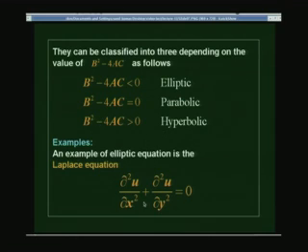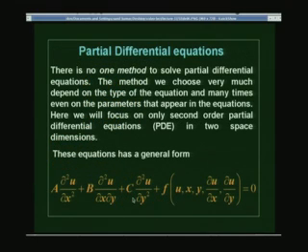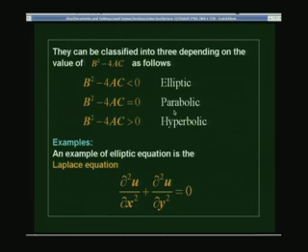Now if one of them were 0, that is, we had only one second derivative, and we didn't have the second derivative with respect to y, but we had some first derivative with respect to y. That is, in this equation, if only one of a or c is non-zero, and b is also 0, and then with some non-zero function here, those kinds of equations would be parabolic equations.